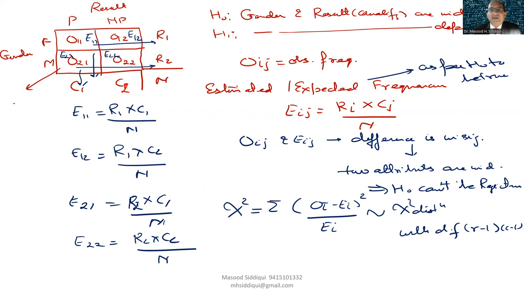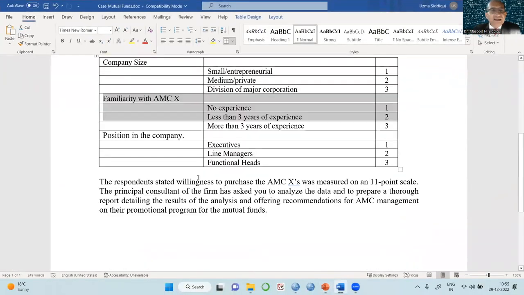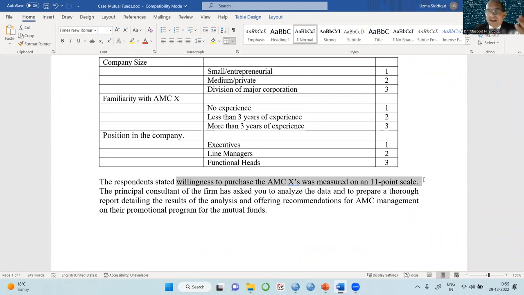One thing should be discussed first: this willingness is on an 11-point scale, so it is metric. We have discussed that this test is more effective if both attributes are non-metric or categorical in nature, and we can always convert a metric scale into a non-metric scale.